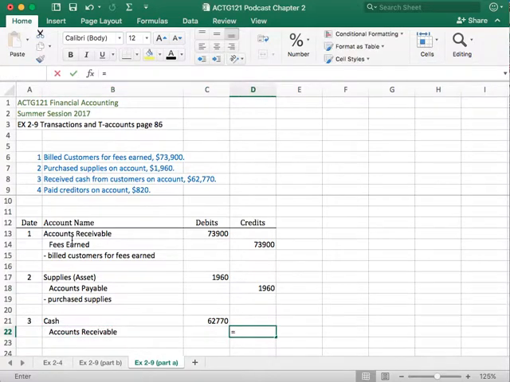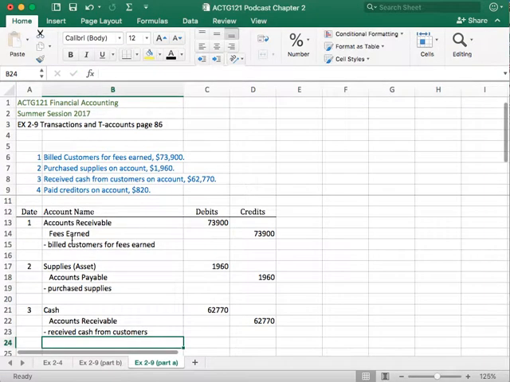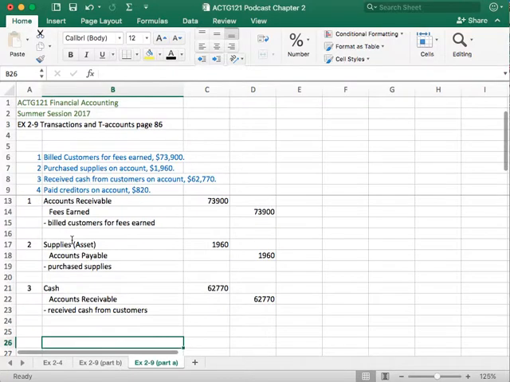And again, same dollar amount. And our explanation is going to be received cash from customers, or received payment, something like that. I'm going to put from customers, if I could spell it. Great. So that's number 3.